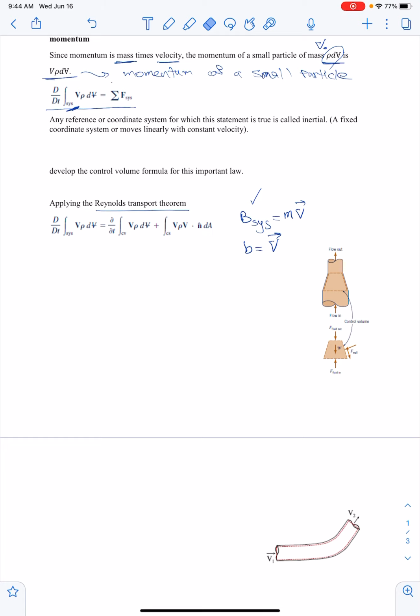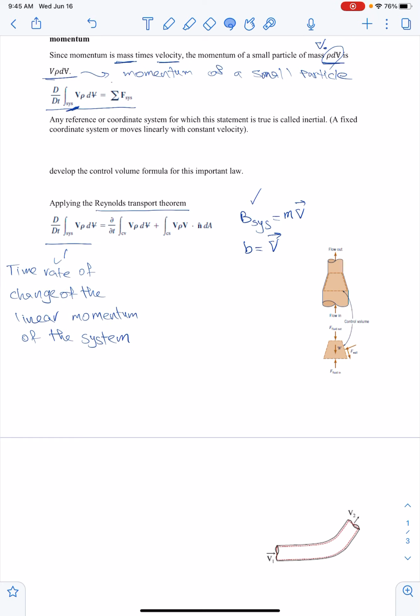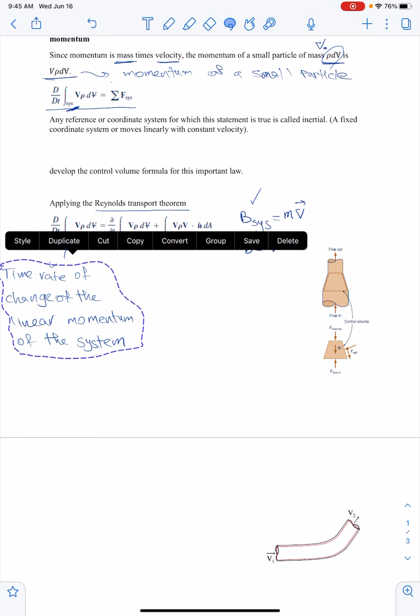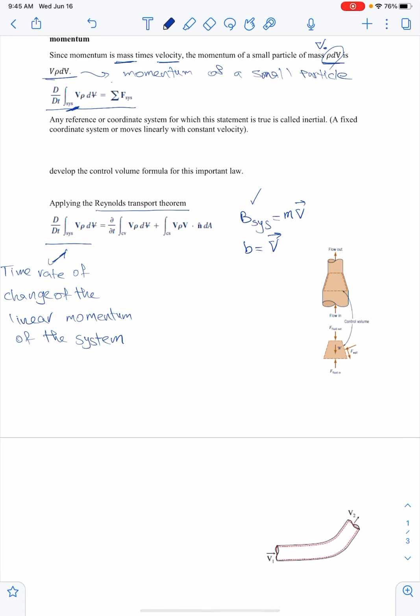This one right here is the time rate of change of the linear momentum of the system.